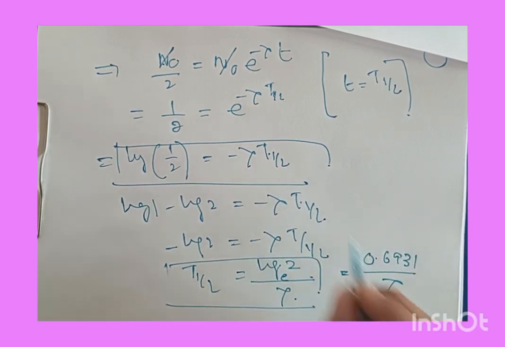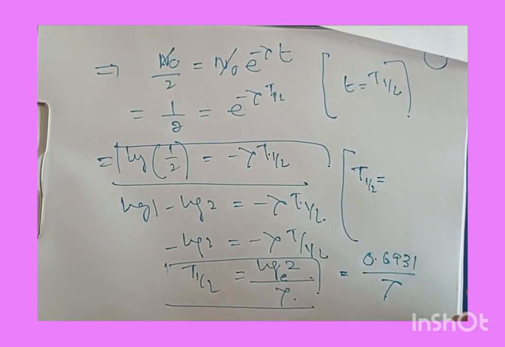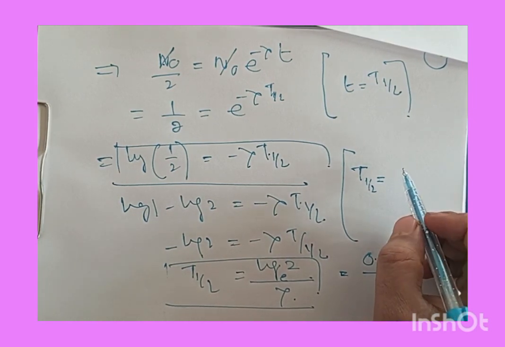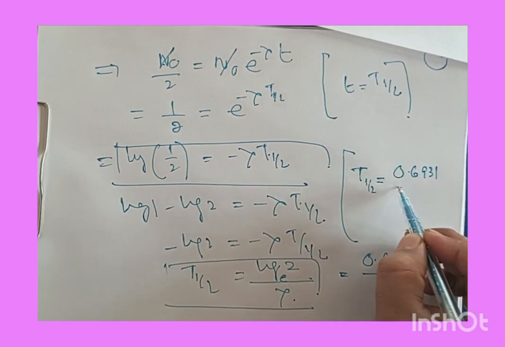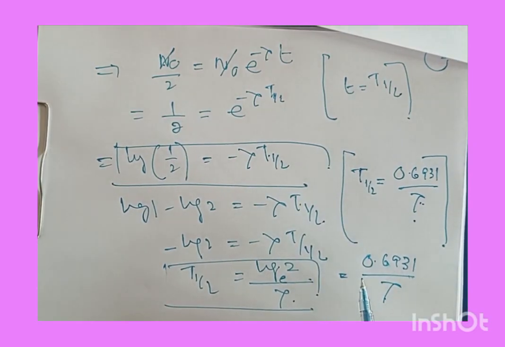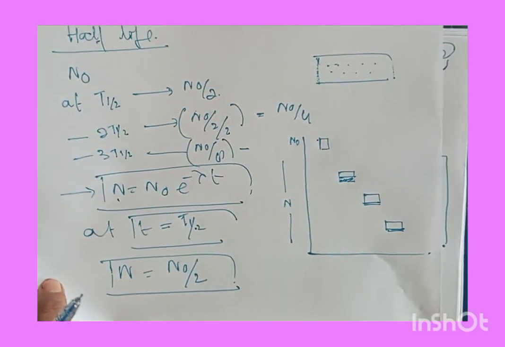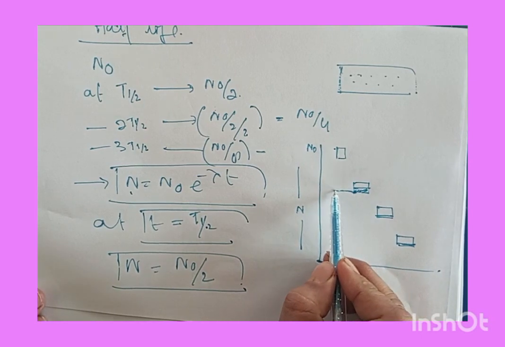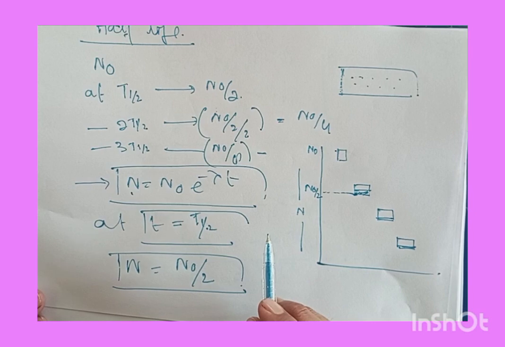So the half-life of a substance having radioactive elements in it is 0.693 by lambda, where this lambda is already defined, and we call it the decay constant. So at this stage I will have N0 by 2 undecayed nuclei.